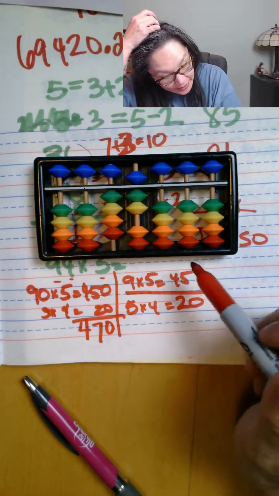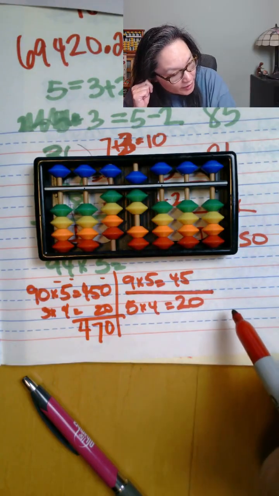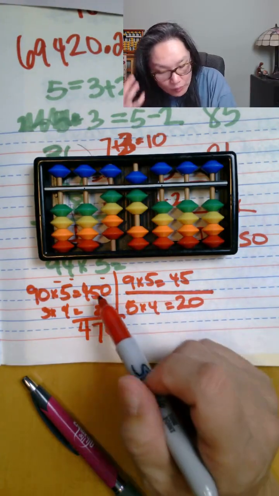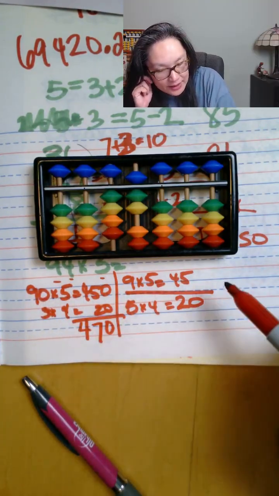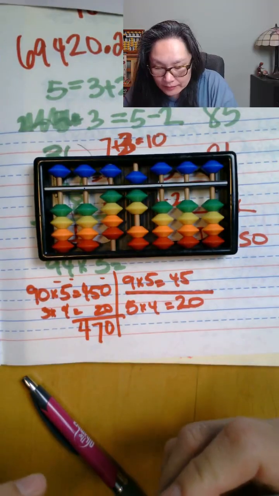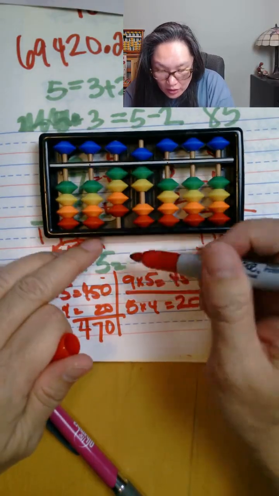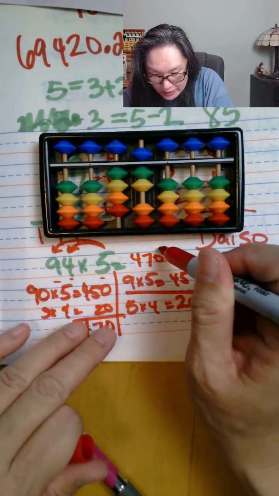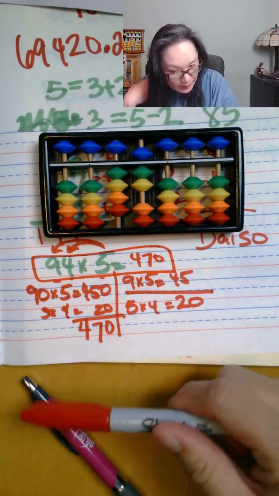So in abacus, we just need to know our multiplication facts, and we're fine. But we don't memorize like 90 times 50, if that makes sense. 470 is my answer. That's the difference between abacus math and new math.